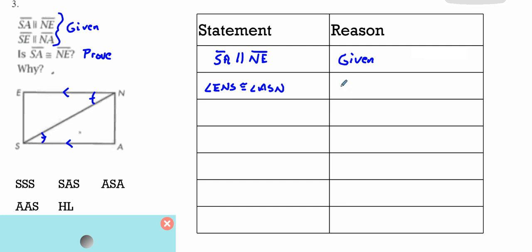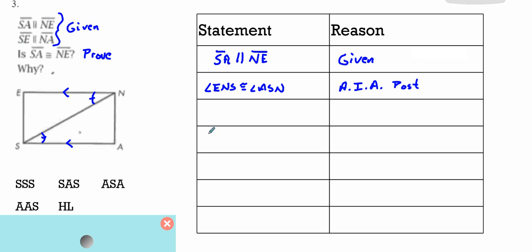And we know that because that's the alternate interior angle postulate. Remember those? Not going anywhere. We have to have those ready and available to use for things like that. So we're moving toward one of these conjectures here.